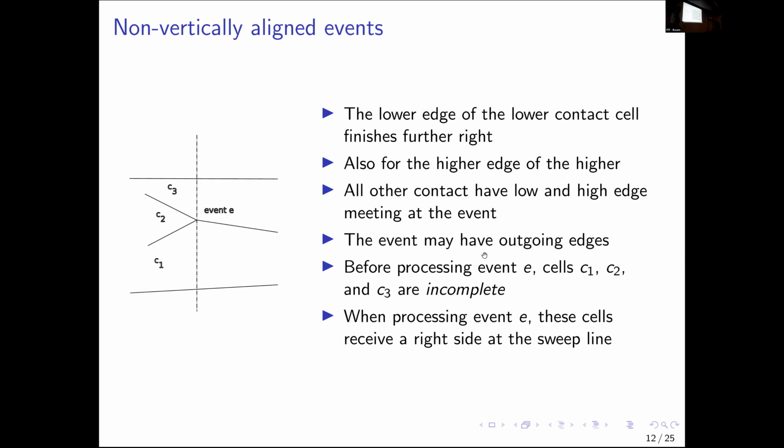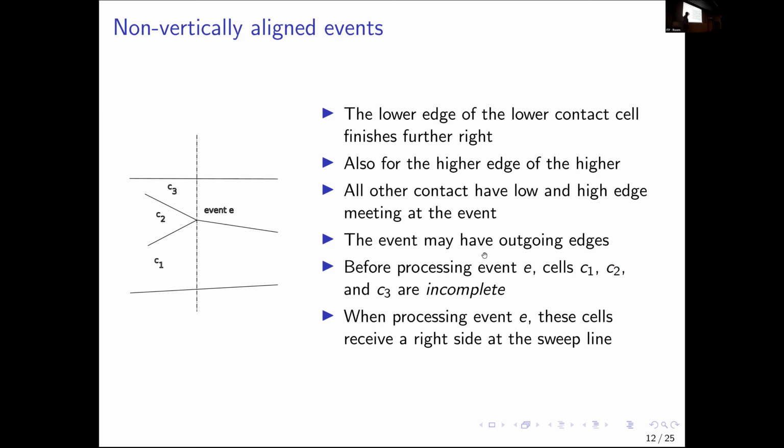I told you you may have several cells in contact. So if your vertical line is coming slowly here, when you're here, you have these three cells, C1, C2, and C3, which are incomplete and live. And when you arrive here, they are going to be closed. This one is closed, and the sequence of right points is going to be limited to only one point, and this one will have at least two points.